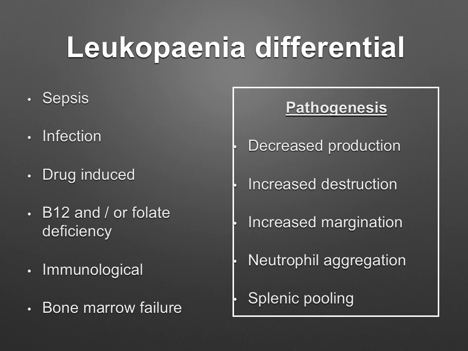Something like HIV can be associated with antibody formation, and that can lead to aggregation and increased destruction, as well as bone marrow suppression and cytokine-mediated destruction.